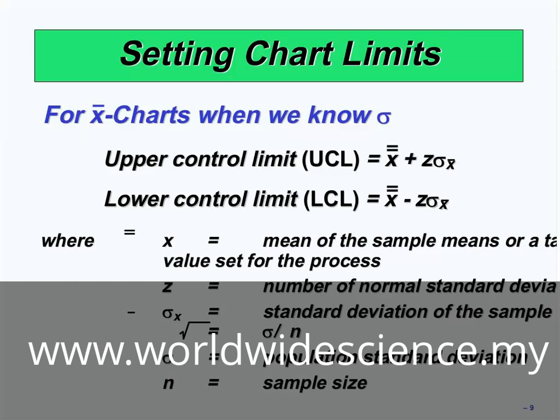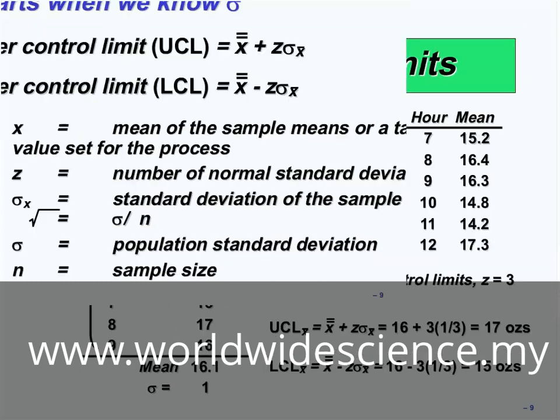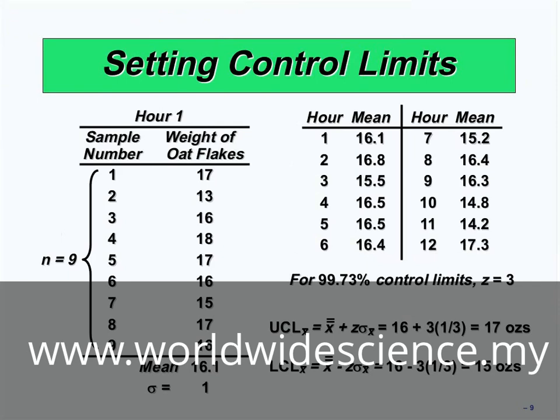N was the sample size, 9. Radical 9 is 3. Sigma is 1. Radical 1 is 1.